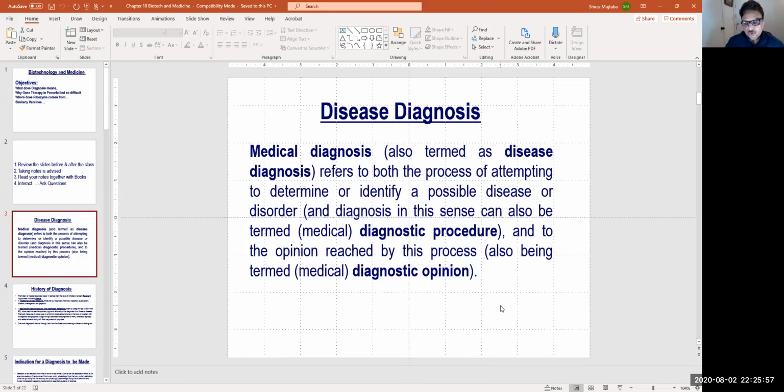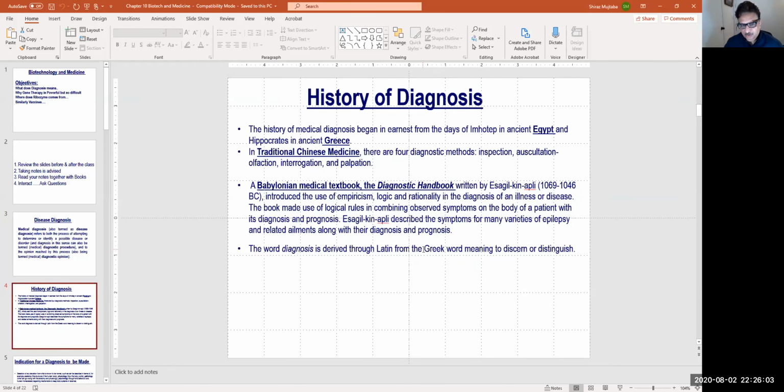And diagnosis is not recent. It has been done since the Egyptian civilization, traditional Chinese civilization, and so much so that in those days there were physicians, let's say, doctors.